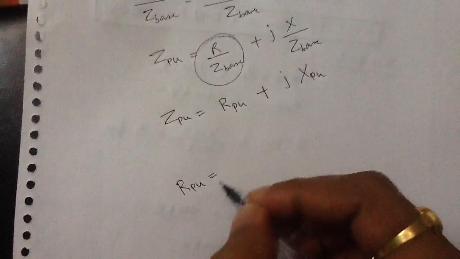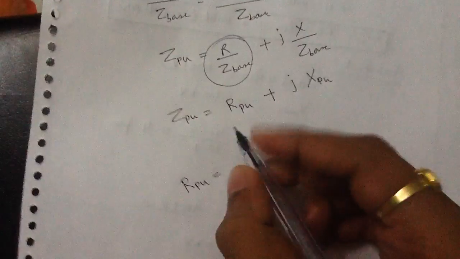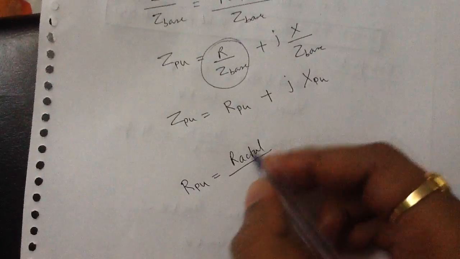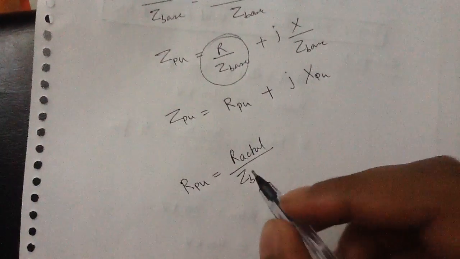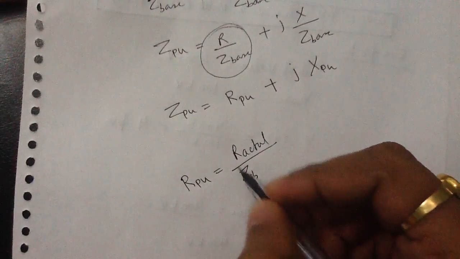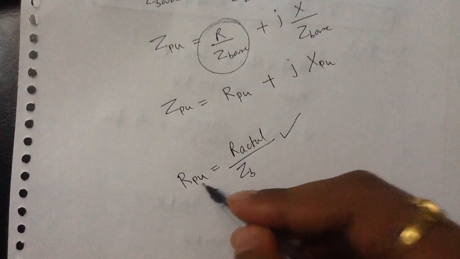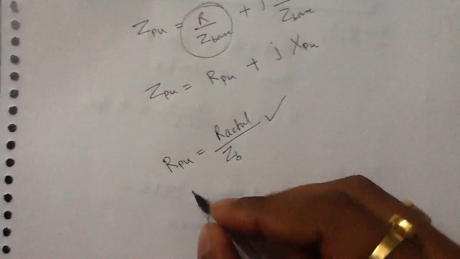So if someone is asking you to find the per unit value of the resistance, then you must write the actual value of the resistance divided by the base value of the impedance. Please do not write base value of the resistance. While defining the per unit value of the resistance, you have to write R actual divided by Z base.